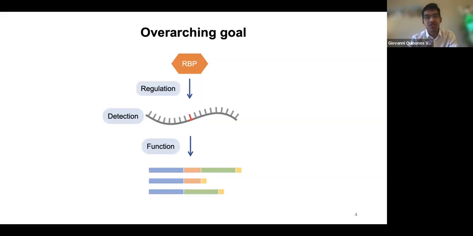And once we have these nucleotide modifications or other genetic variants in the RNA, we're also going to see how we can detect them and how we can potentially assign them a function that will tell us something about the final RNA transcripts.